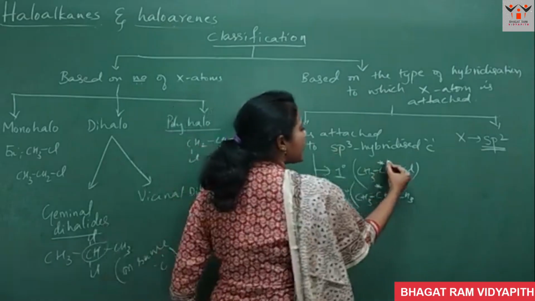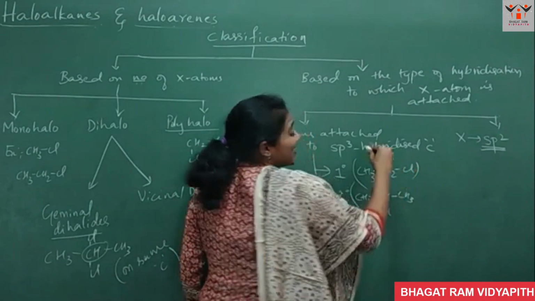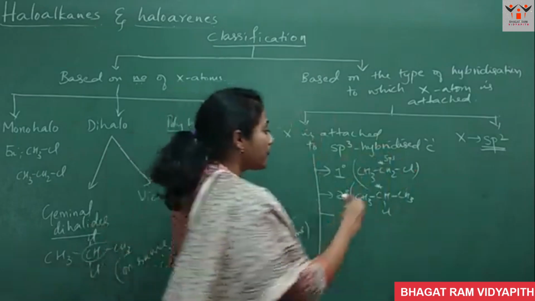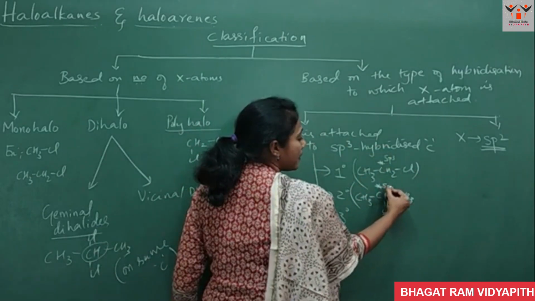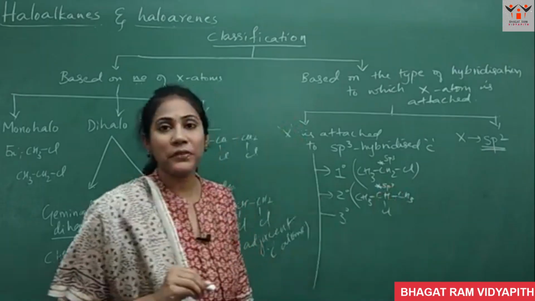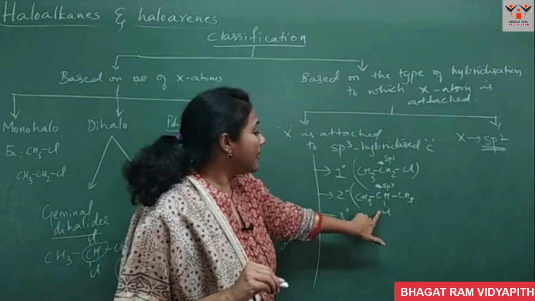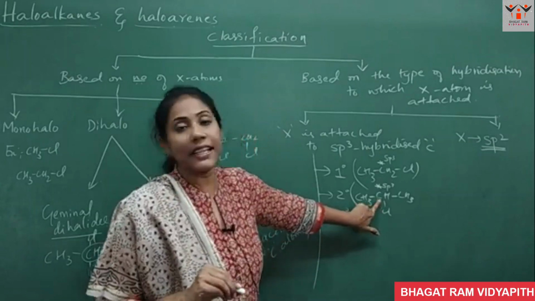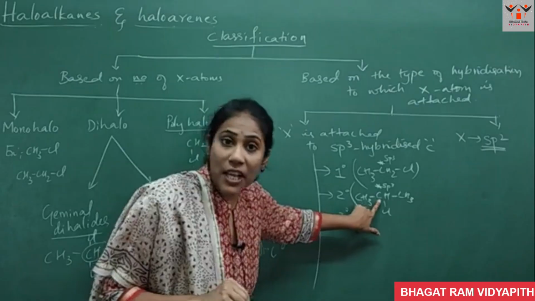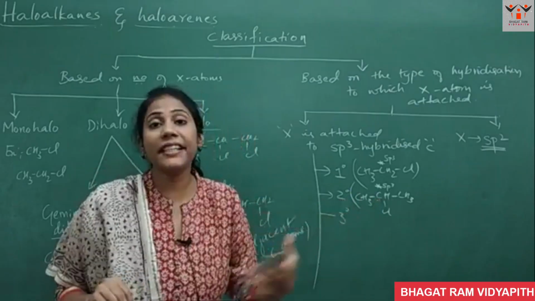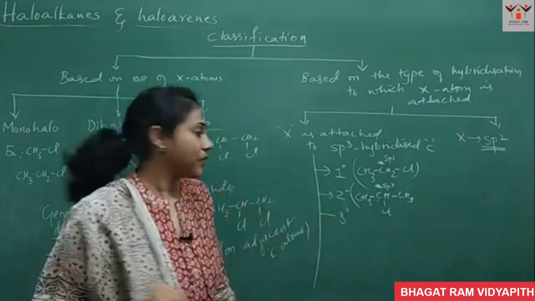Because it has all single bonds around. The hybridization of this carbon is also sp3. So X is attached to an sp3 carbon, but that sp3 carbon is a secondary carbon here. So such a haloalkane is called a secondary haloalkane.